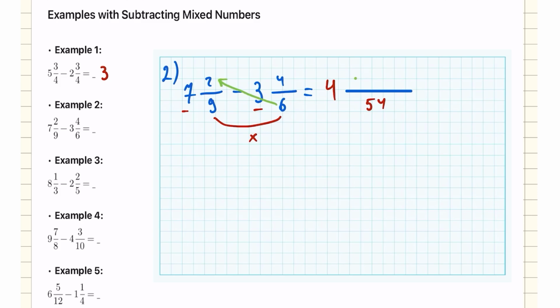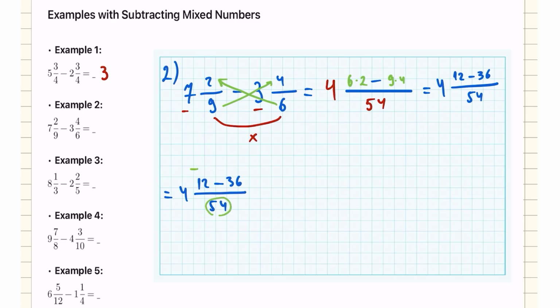First pair, 6 times 2, minus, now the second pair, 9 times 4. We see that 6 times 2, 12, is less than 9 times 4, 36. So in this case, we have to get 1 from the whole number and add it to the first fraction. The amount is the denominator's amount. So we add 54 to 12, and then we get 1 from the whole number.